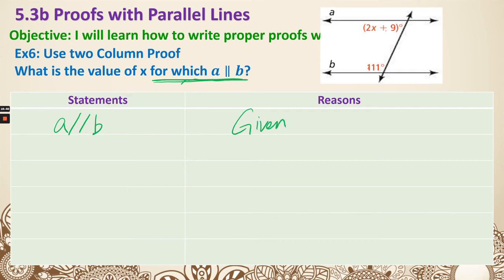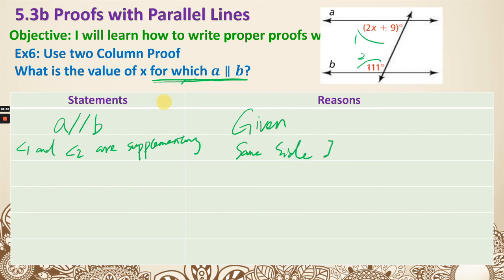And then because it's given, we can call this angle 1 and angle 2. So angle 1 and angle 2 are supplementary. And that is same side interior angle postulate.